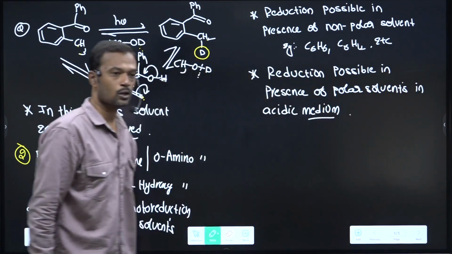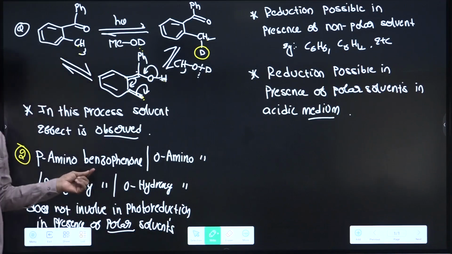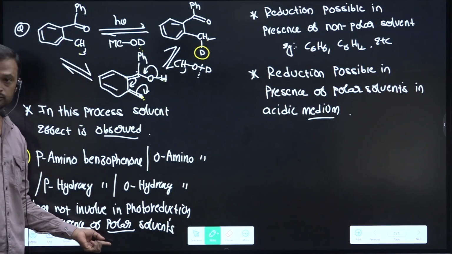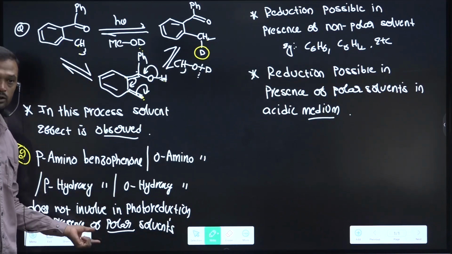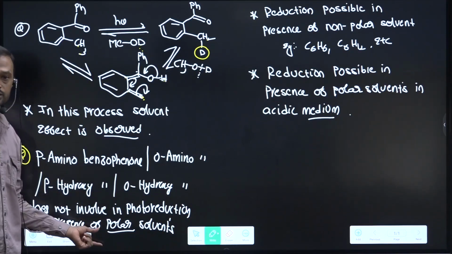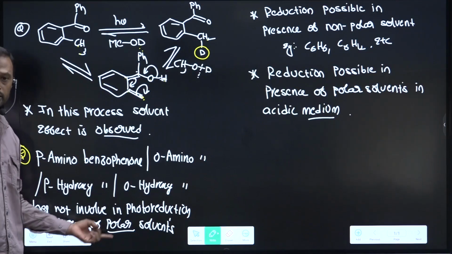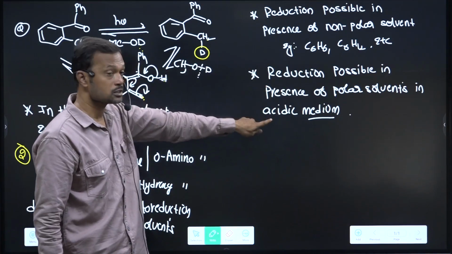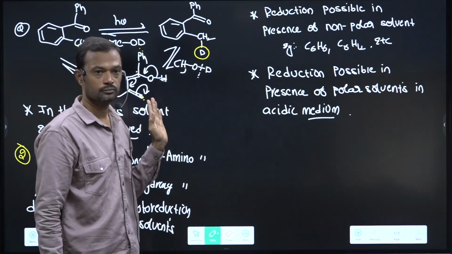But if you take only polar solvent, no reduction. Be careful with this molecule. If this molecule is given, see the solvent. Okay? What is the solvent? Only polar solvent, no reaction. Only non-polar solvent, reaction is possible. Polar solvent in the presence of acid medium is given, reduction is possible.